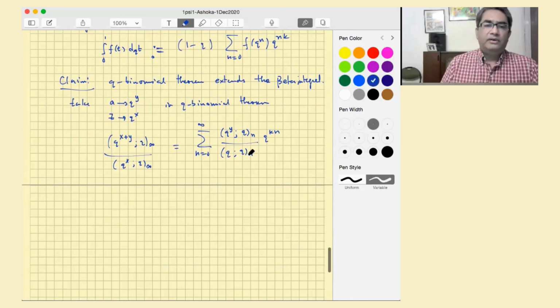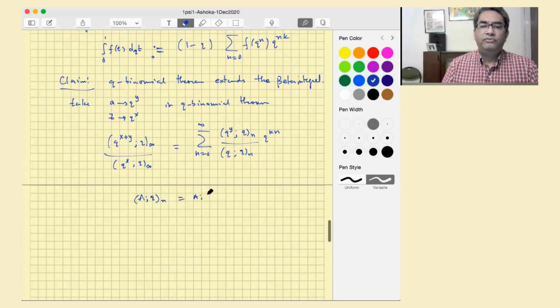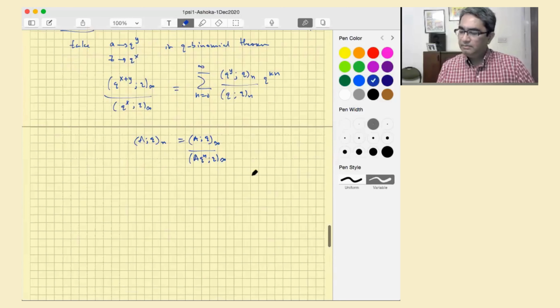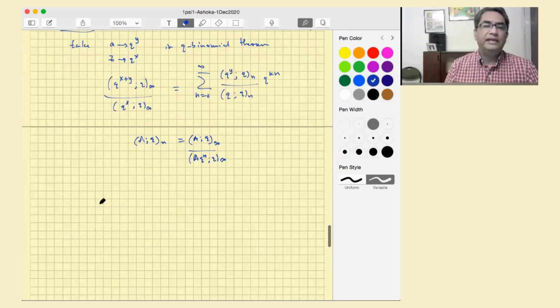Okay, now take all these guys over here and use (aq^n; q)_infinity as (a; q)_infinity over (aq^n; q)_infinity. All of these two guys over here, multiply and subtract, and you will get the following.